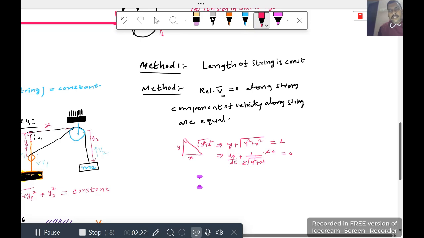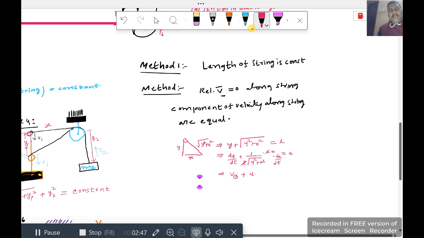So these two get cancelled. So Vb plus x by root over y square plus x square into dx by dt. I'm differentiating x with respect to time, so dx by dt is u.